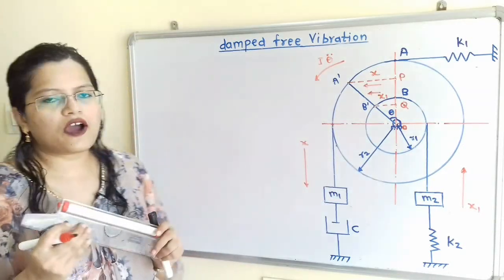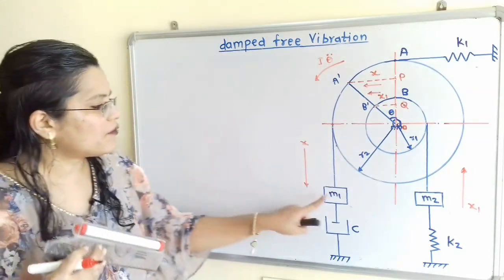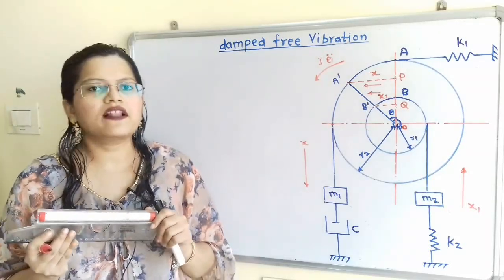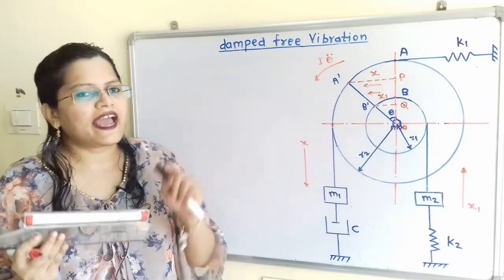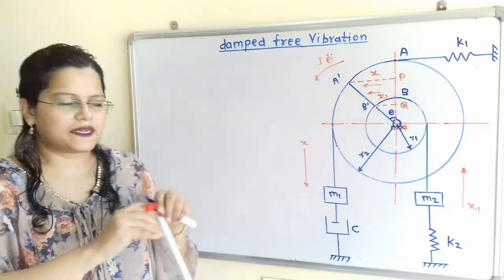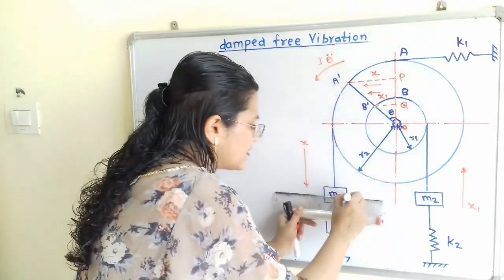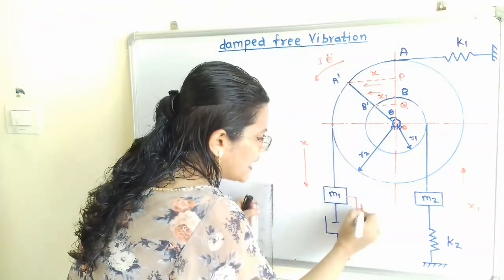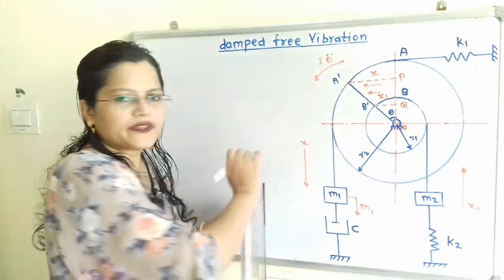Now we will find the forces. Because of this mass m1, the accelerating force will develop and it will act in the same direction as the displacement. So m1 has an accelerating force in the downward direction, and it is m1 multiplied by acceleration.